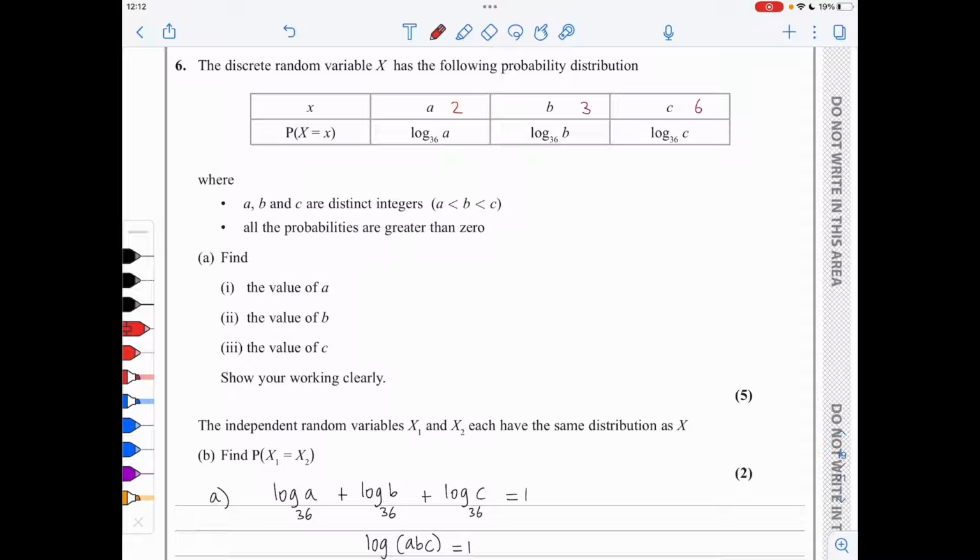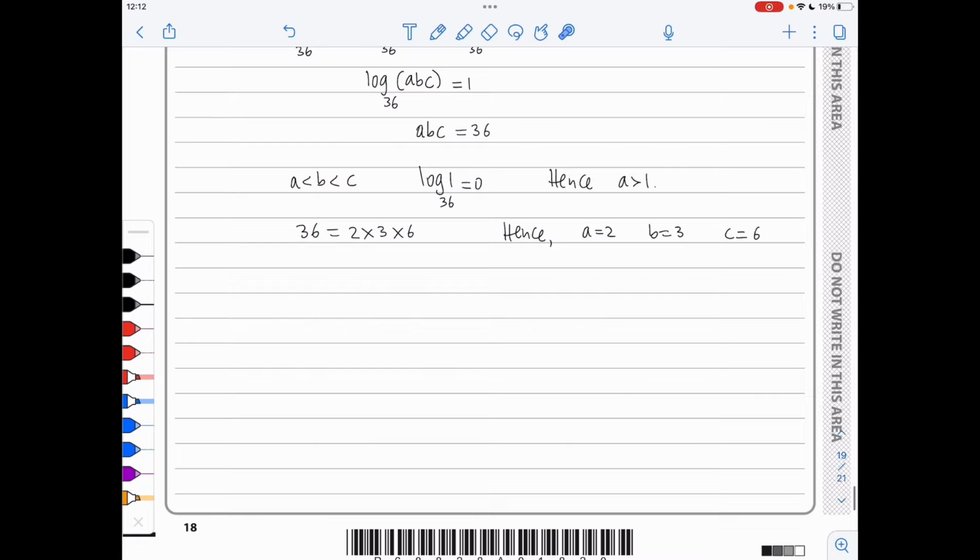And we want to find ourselves getting the same result both times. So either 2, 2, or 3, 3, or 6, 6. So the probability of x1 being equal to x2 is the probability we get 2 both times, or we get 3 both times, or we get 6 both times.